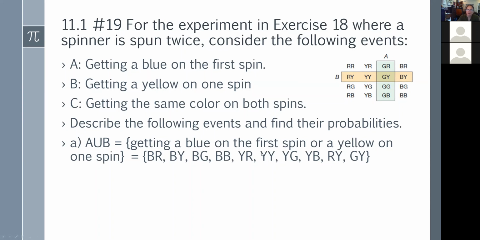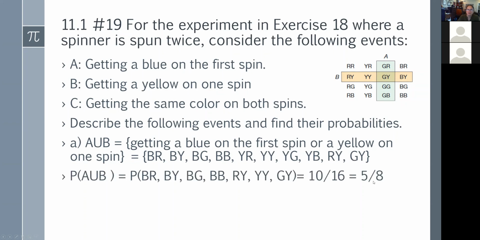But I went ahead and included 2 yellows. And then I have yellow and then green, yellow and then blue, yellow and then red, or green and then yellow. So to find that probability, I count how many outcomes are there out of the 16 outcomes in the sample space, and that gives me 5/8.